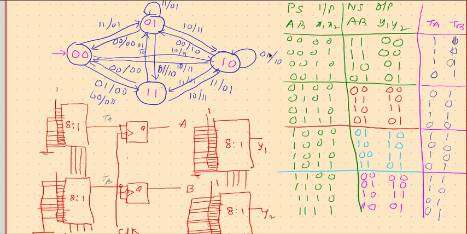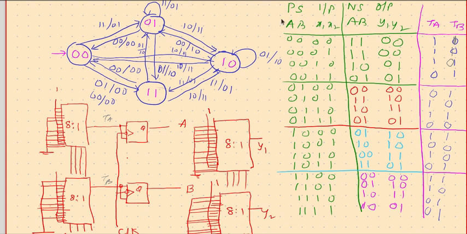Say if there are 8 states, then you need 3-bit coding for states A, B, C, and assume there are three inputs X1, X2, X3, then A, B, C for present state and X1, X2, X3 for inputs.